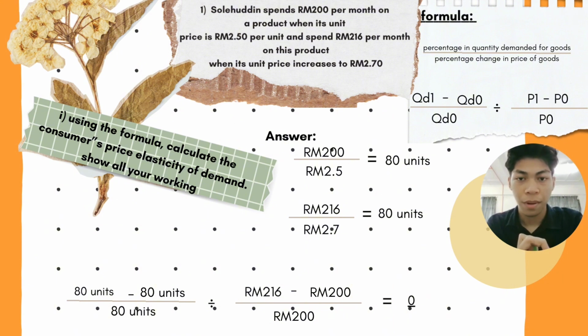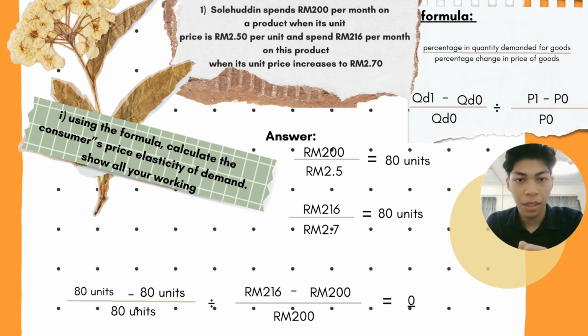So the formula for price elasticity of demand is percentage change in quantity demanded for goods over percentage change in price of goods. So QD1 minus QD0 over QD0, divided by P1 minus P0 over P0.